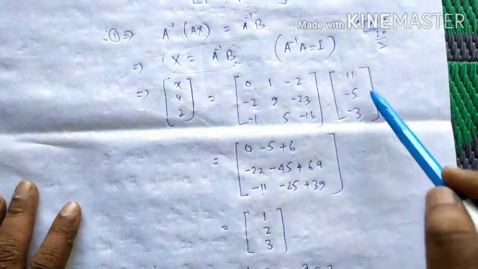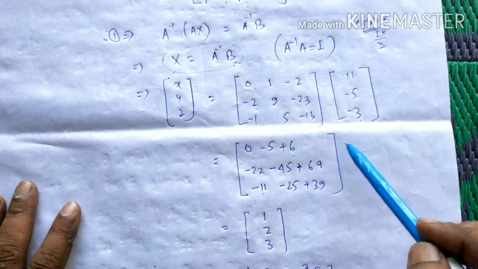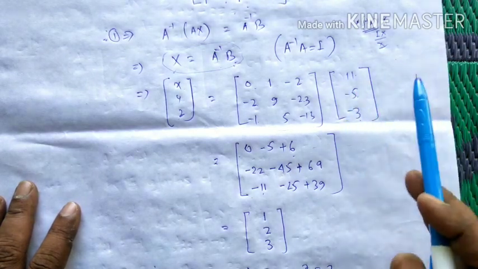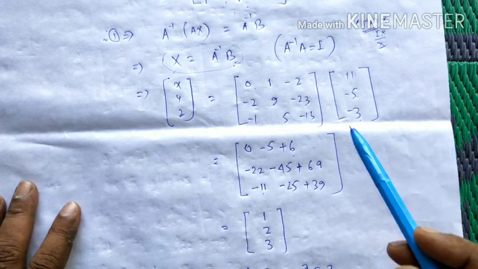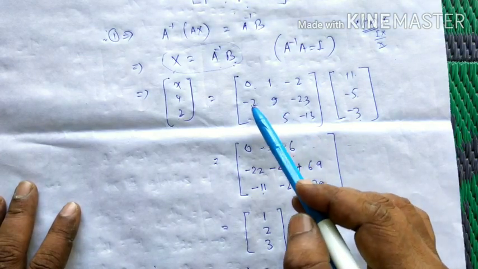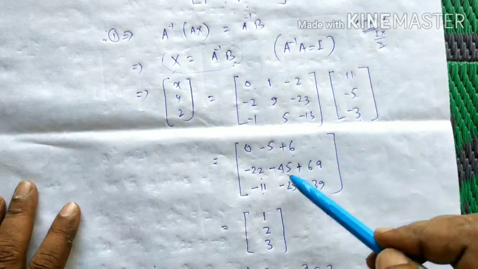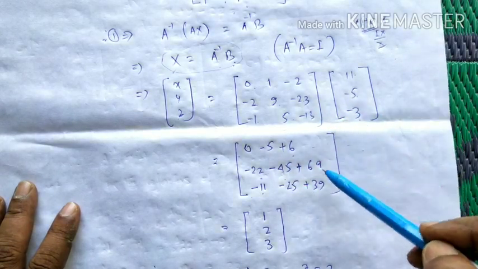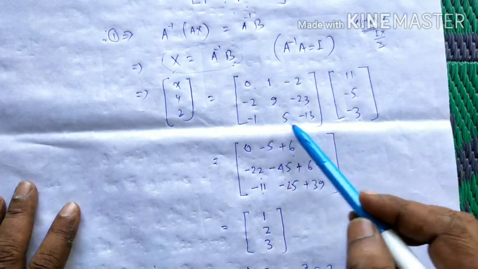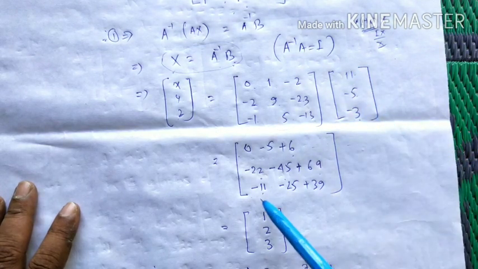There is no other column, so no need to go further. Now second row, first column: minus 2 into 11 is minus 22, 9 into minus 5 is minus 45, minus 23 into minus 3 is 69. Similarly multiply the third row with this column.